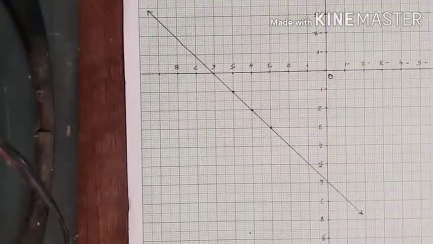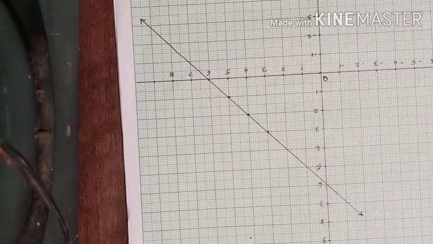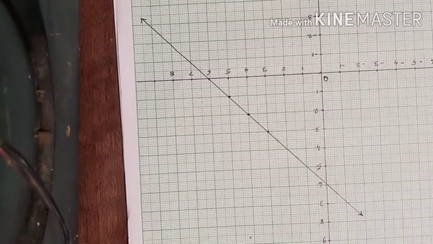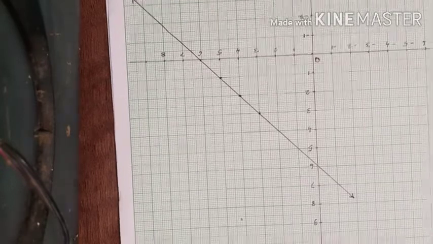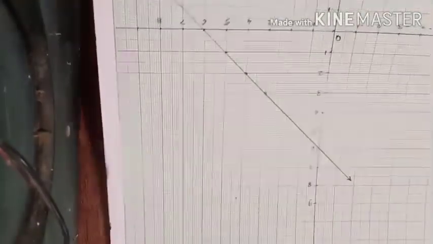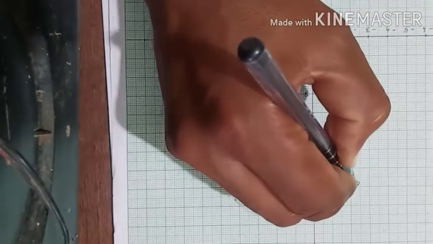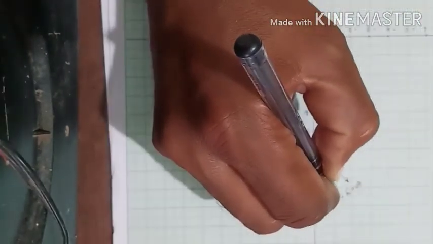It is in this way. Now, it is the first equation. We have to write the equation here. The equation is x plus y is equal to 6.